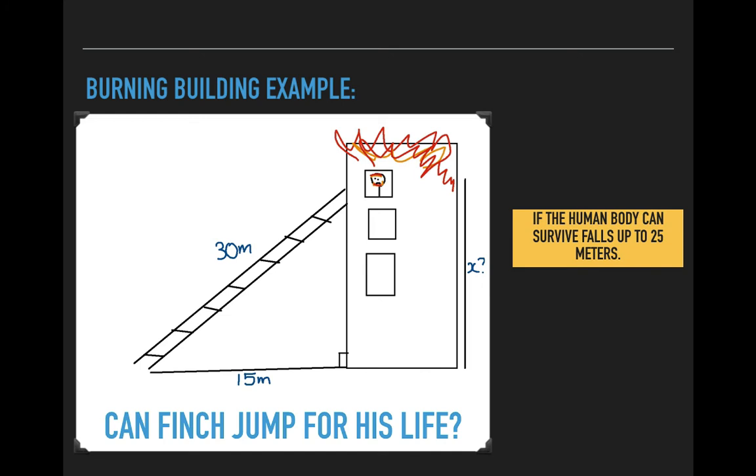Mr. Finch, because he's a scientist, knows that the human body can survive a drop of up to 25 meters free fall, head down. Just kidding, that's paralyzing and you're dead. So Mr. Finch is weighing the options. Does he stay in this burning building and die of smoke inhalation, or does he jump to his uncertain demise?